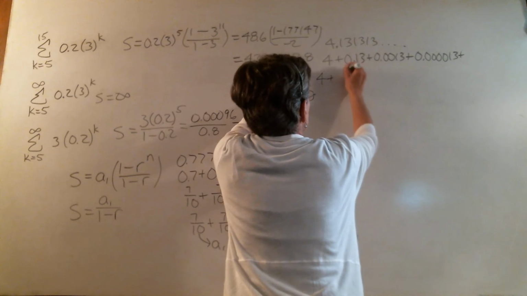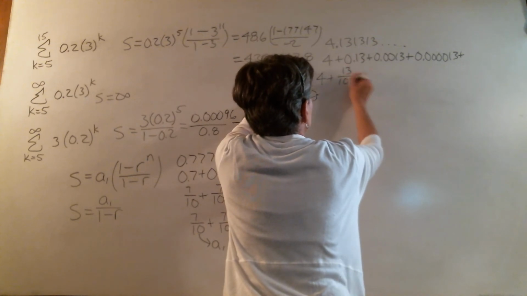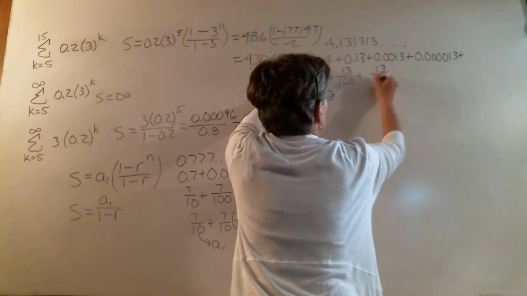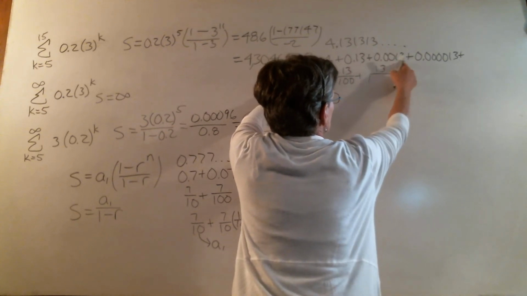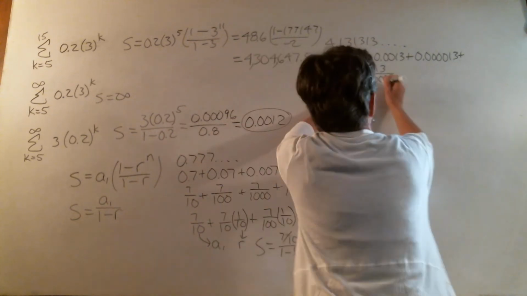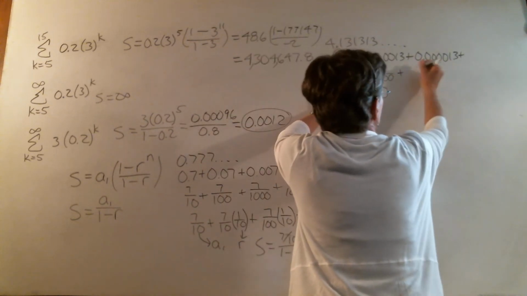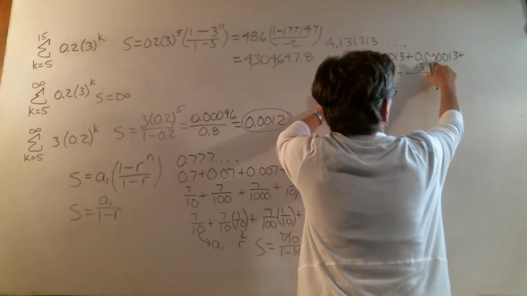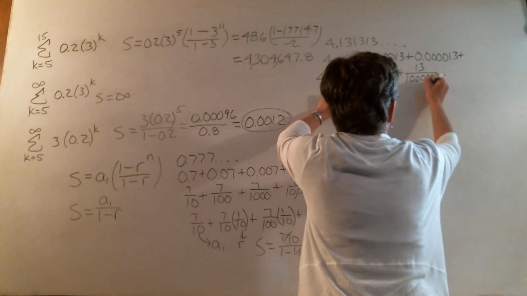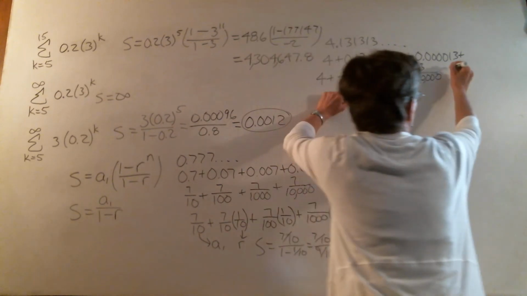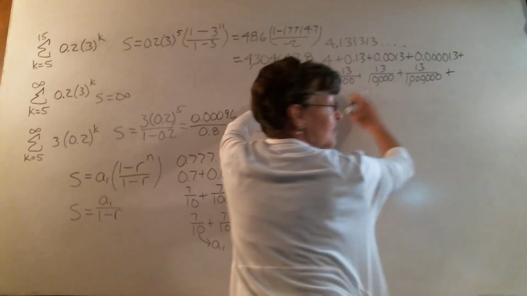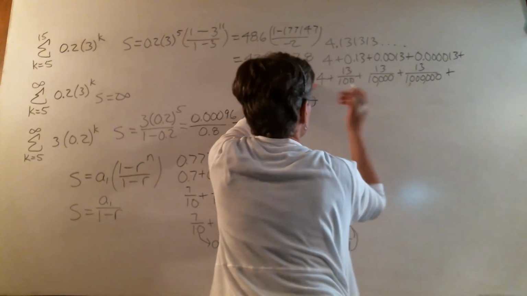All right? So 4 sitting on the outside. This is 13 over 100. This one is 13 over 4 zeros, 1, 2, 3, 4, 10,000. The next one has 13 over 6 zeros, so that's 1 million. You just keep going. All right, well, my geometric sequence is going to be the series of 13s.